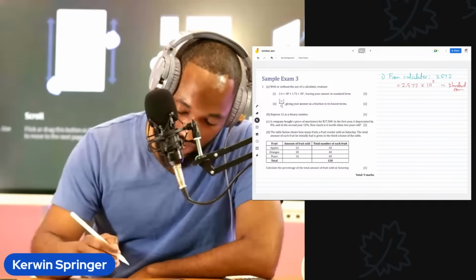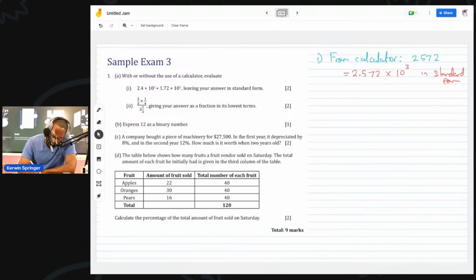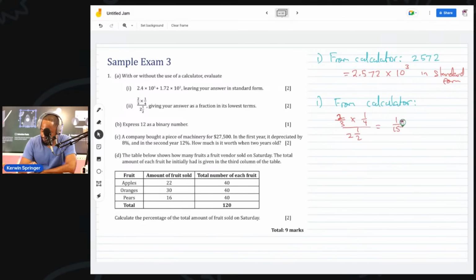Now, obviously, I would advise for this question to come back and show the full working. But I already showed you how to do the working with these kinds of things. For now, it was 2/3 multiplied by a quarter over 2.5. I will just put the answer straight up, 1/15.